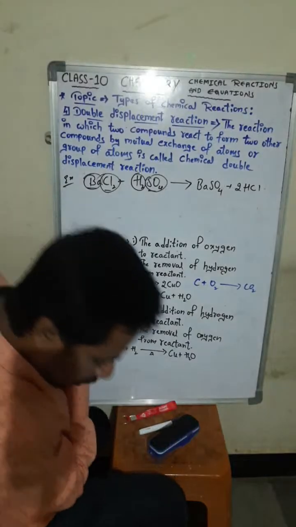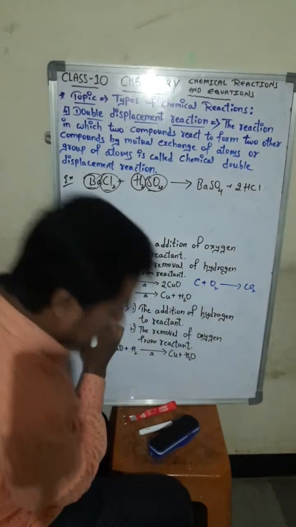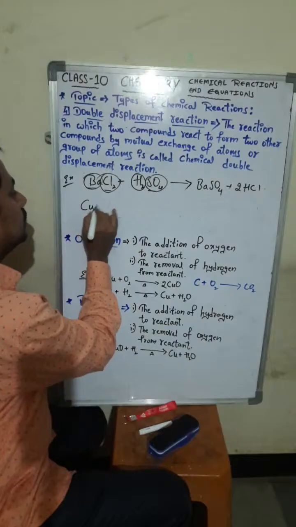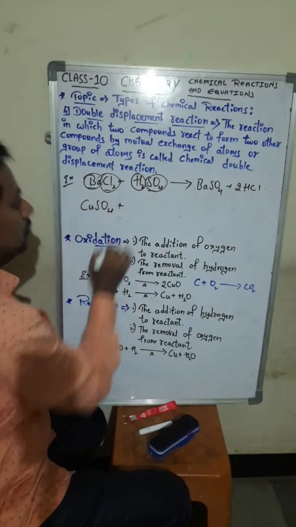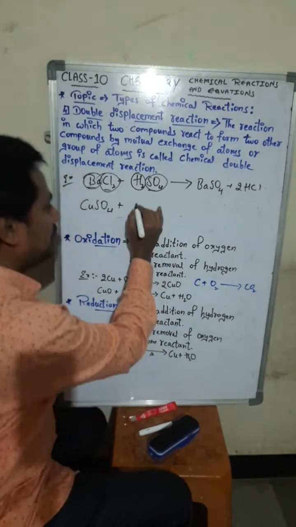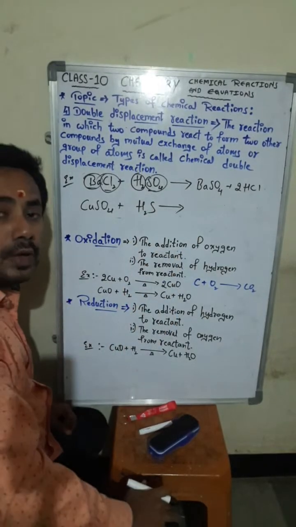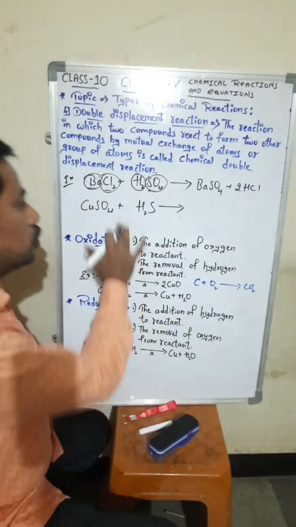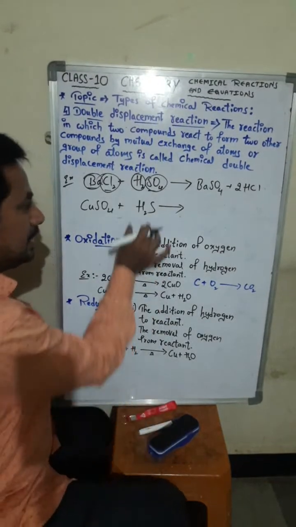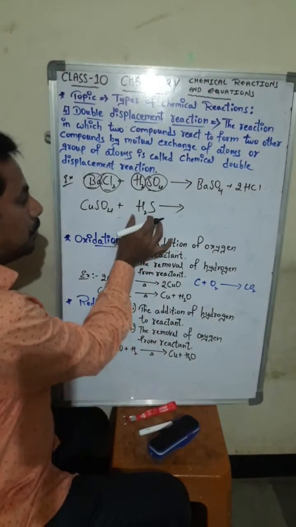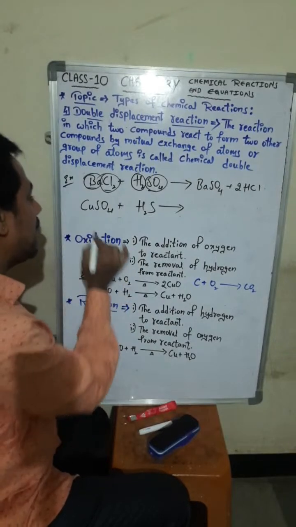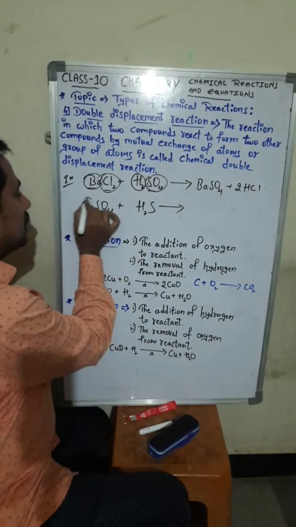Another example we will take, students. Copper sulfate, when combined with H2S. What is H2S? Hydrogen sulfide. It is a compound, not an element. Two elements are combined. So what happens?